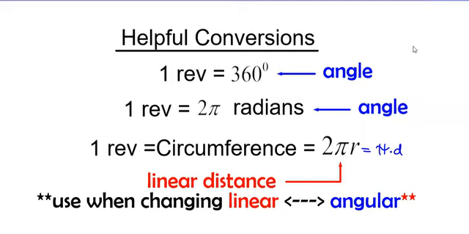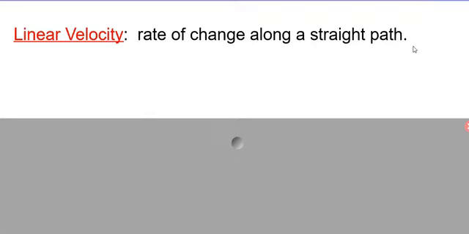All right, so a couple other things that are going to be important here. Linear velocity. What does linear velocity mean? It's the rate of change along a straight path. So linear, you think of line, lines are straight.